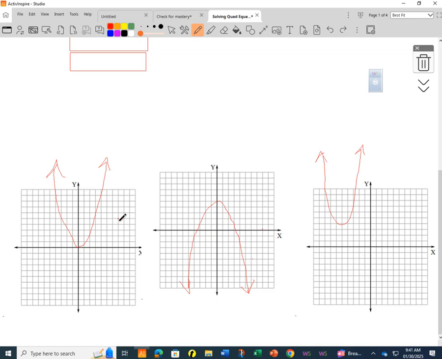I will tell you if Kara's getting warmer. Okay, so she's much warmer. So she said it's where it touches the x and y axis.